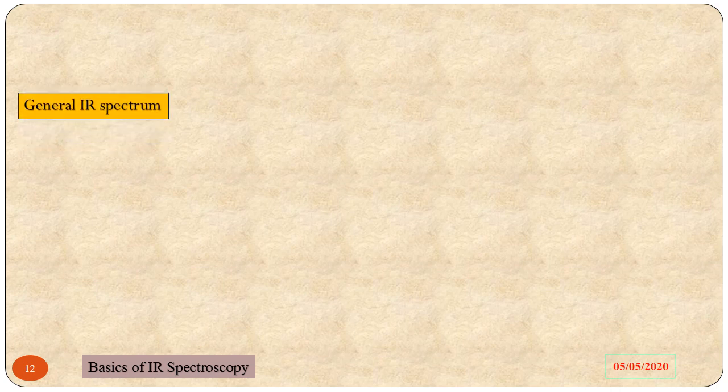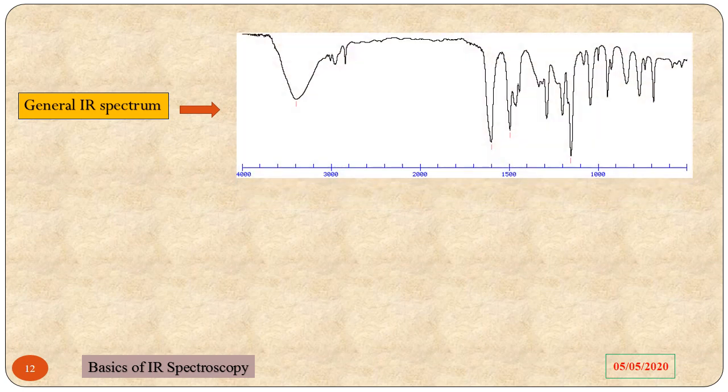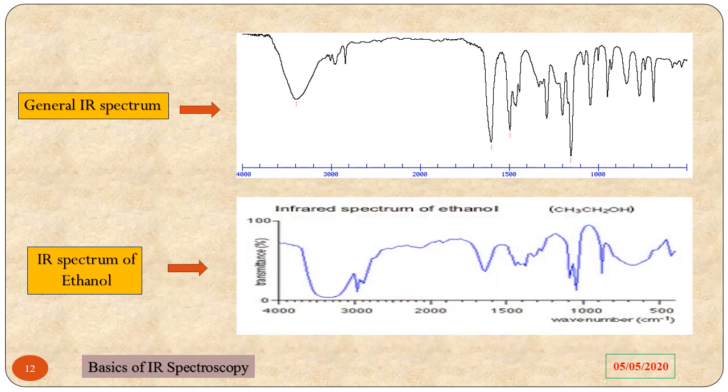We can see here the general IR spectrum by which we can observe the different types of absorptions on the scale, and an example of the IR spectrum of ethanol can be given for your illustration.